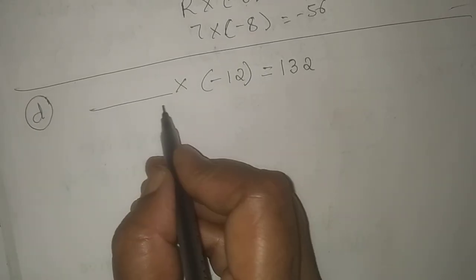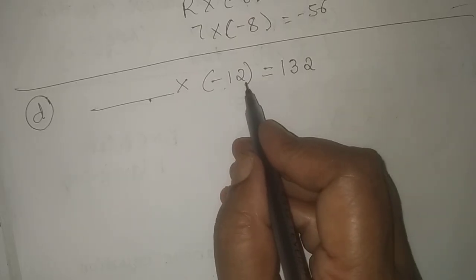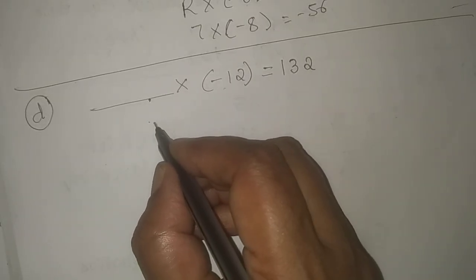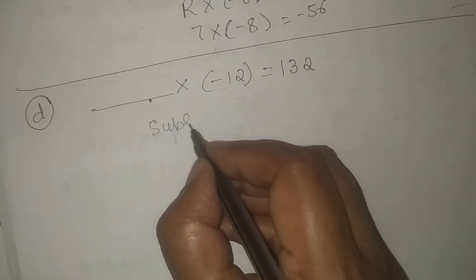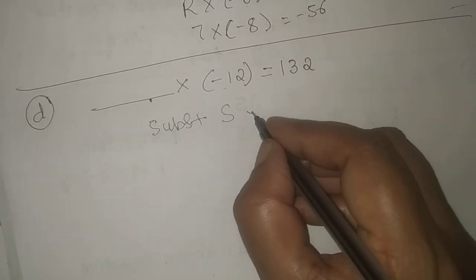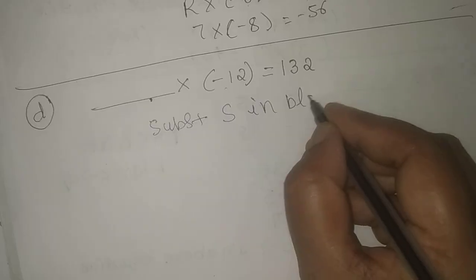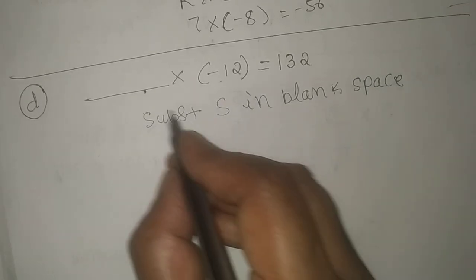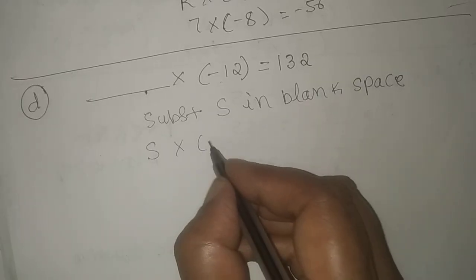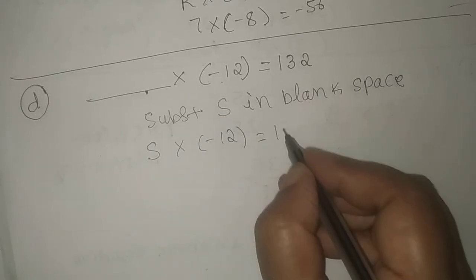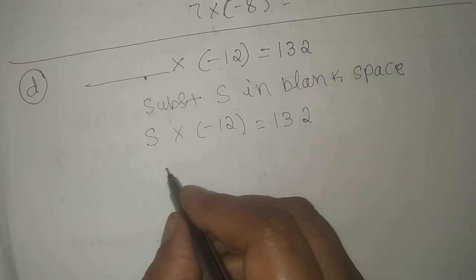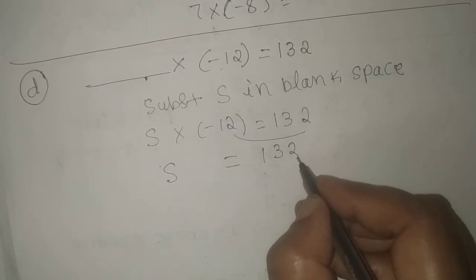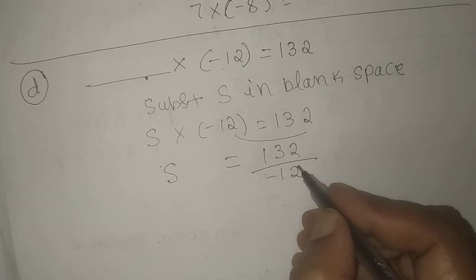Next is D. Therefore dash into minus 12 is equal to 132. So consider, substitute, we'll take S in blank space. So blank space, substitute S into minus 12 is equal to 132. Now S is equal to, bring this side, 132 by minus 12.